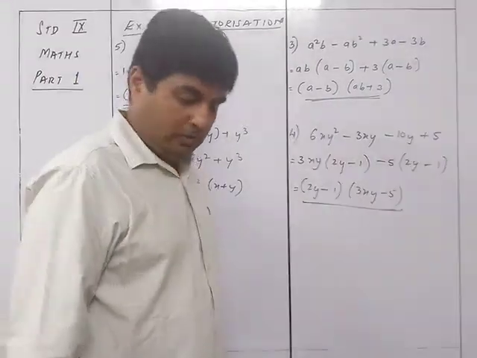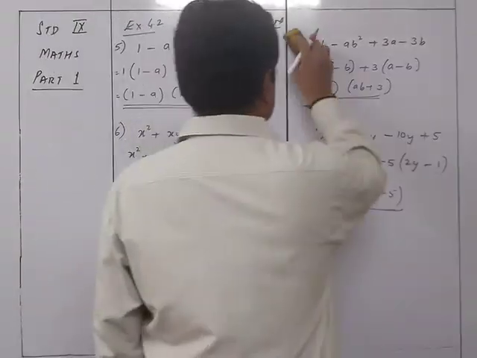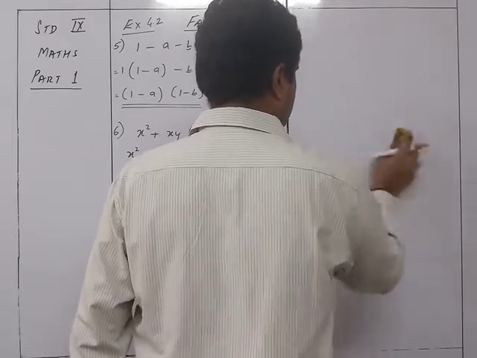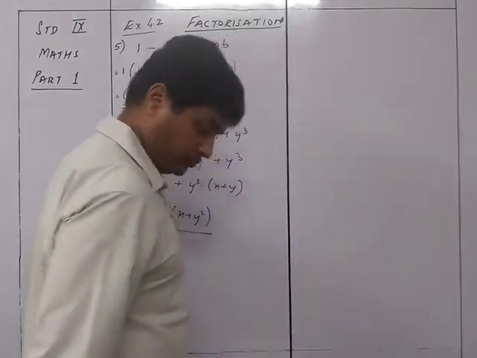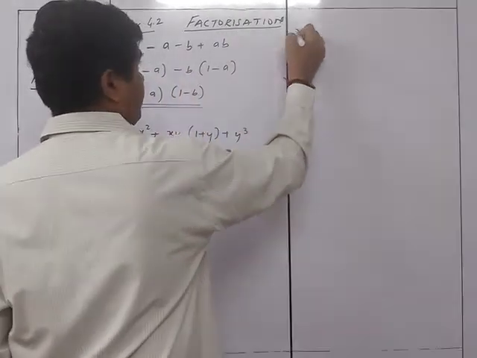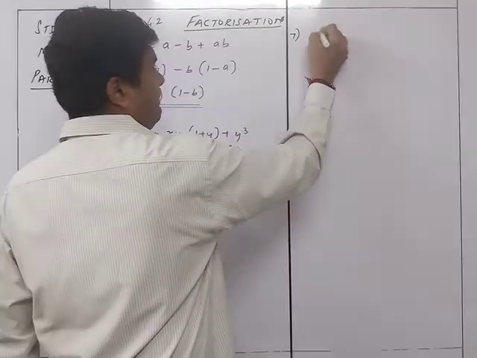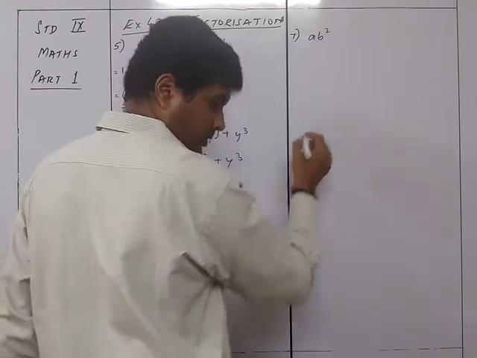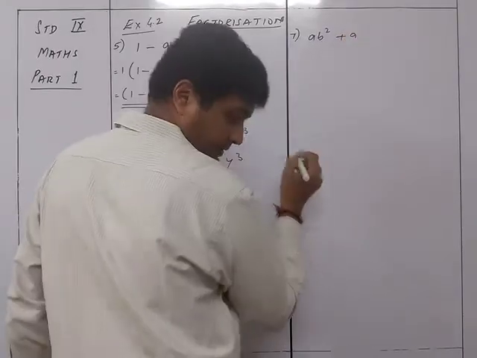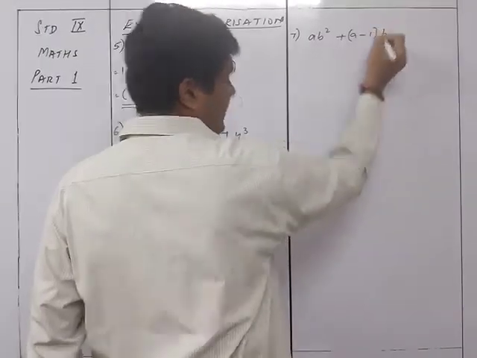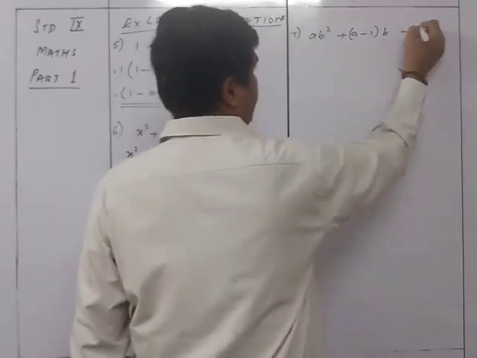Now we move on to sum number 7. It is ab square plus a minus 1 into b minus 1.